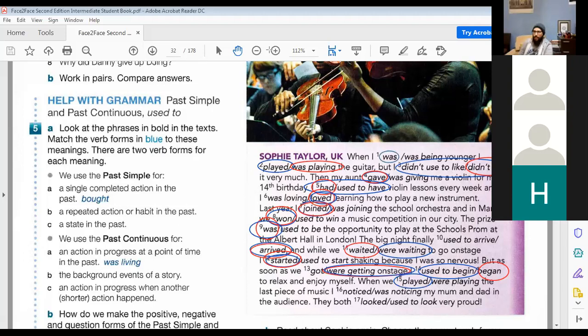"A last piece of music, I noticed my mom and dad in the audience. They both looked very proud." Same answer, even Sana? Even me, "I noticed," and "they both looked." Okay.